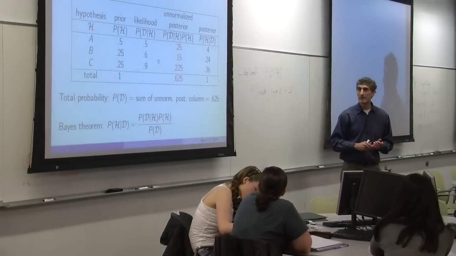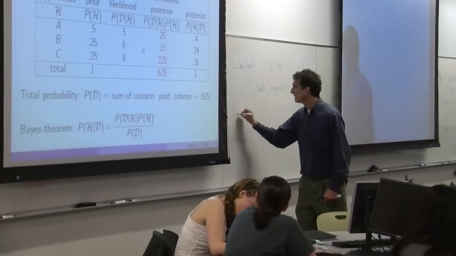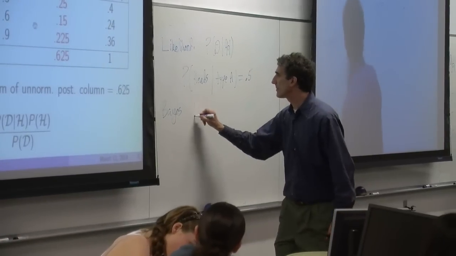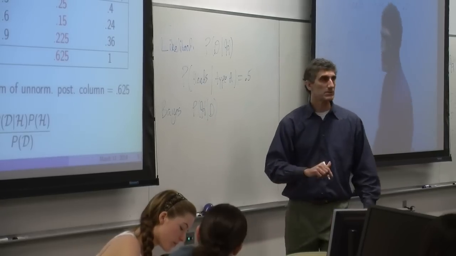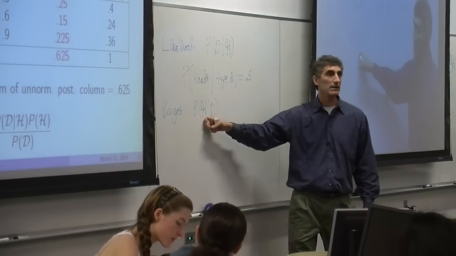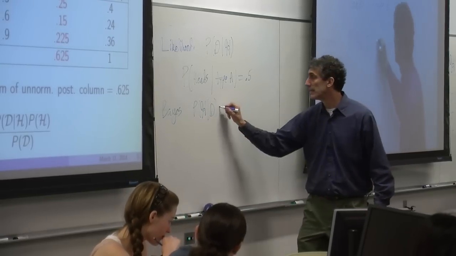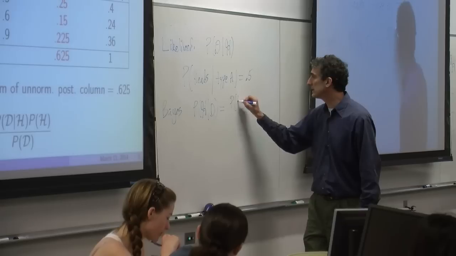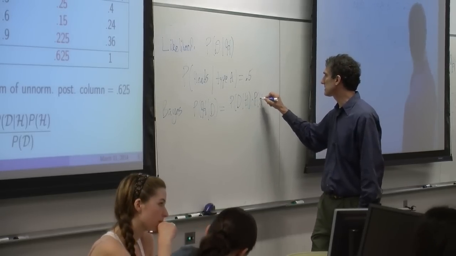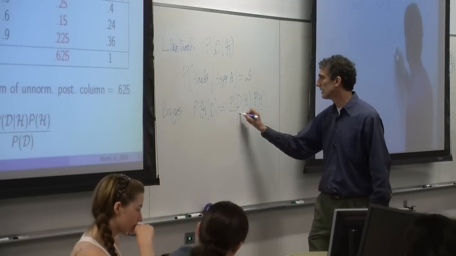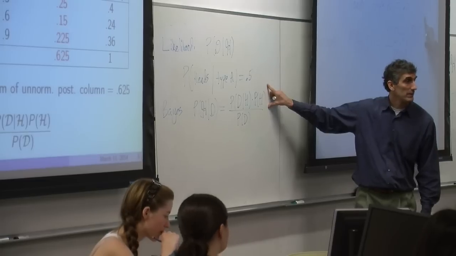Now, how do we get the posterior? Bayes' theorem says the probability of H given D, which is what I want. I want to know, given this data, what do I believe the coin to be? What's its probability? It is the probability of D given H times the probability of H, all over the probability of D. Well, notice this numerator right here.